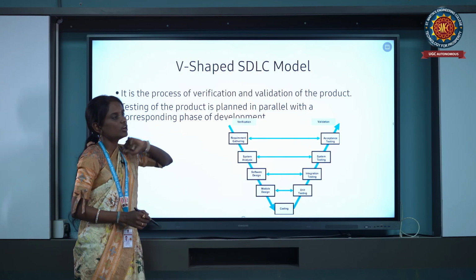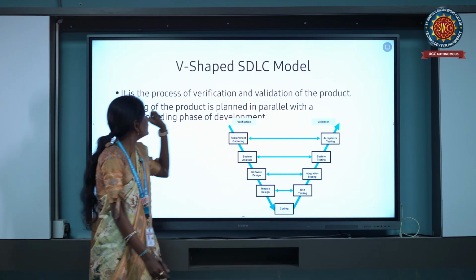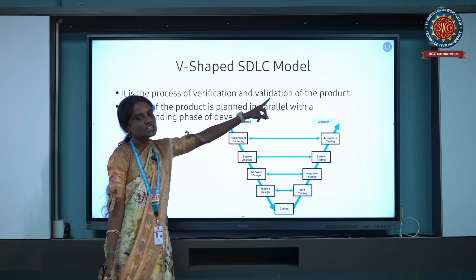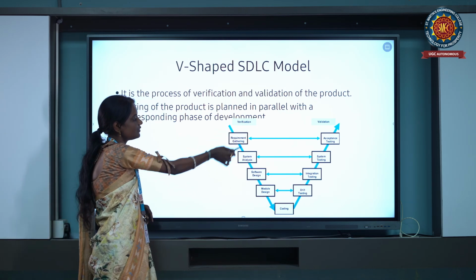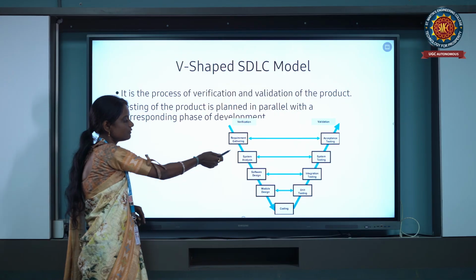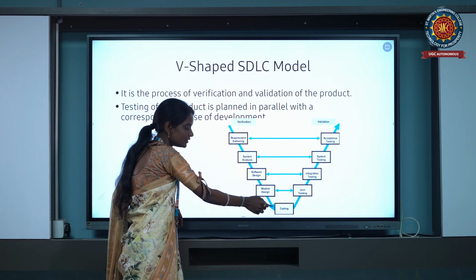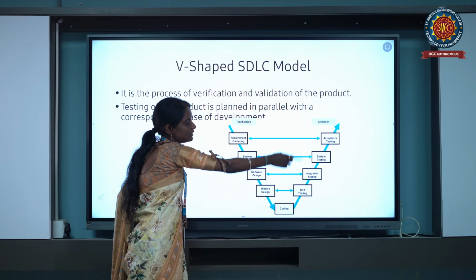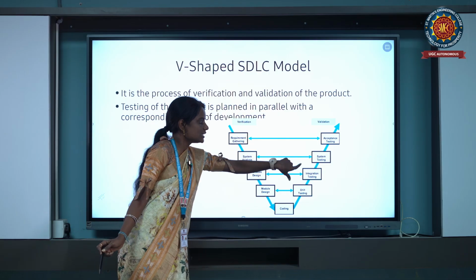Next is the V-shape model. This is one of the SDLC models. It is in the form of a V-shape. This V-shape is a process of verification and validation of the product, where the verification phase involves gathering the requirements, analysis and the design part, which is integrated with the coding part. The other side has the validation, which involves acceptance testing and system testing.